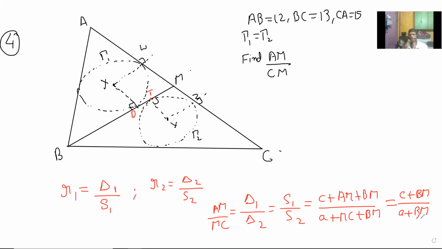And also we are given the numbers, so you can just use that formula. But let's see if we can use something. This BM is somehow a problem.